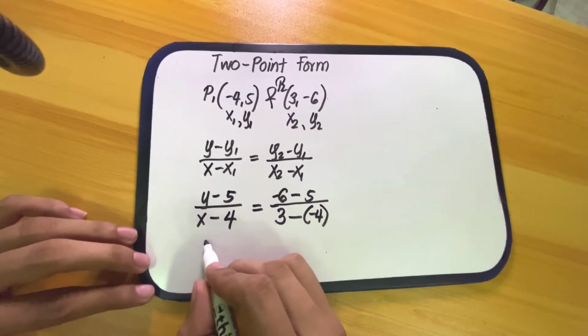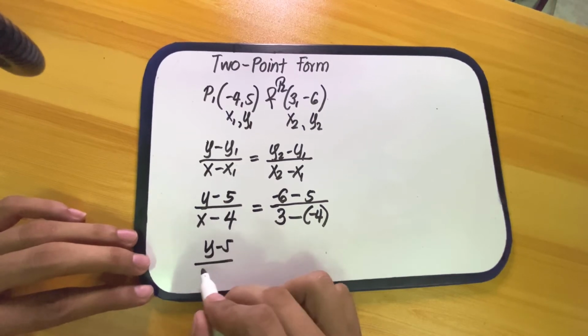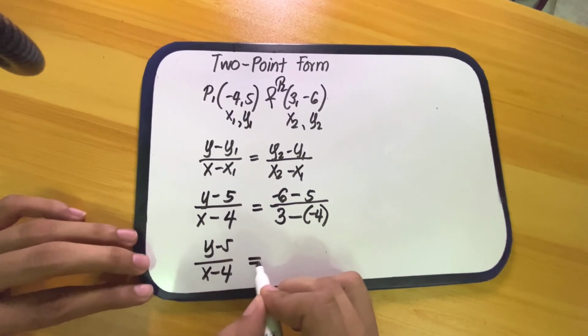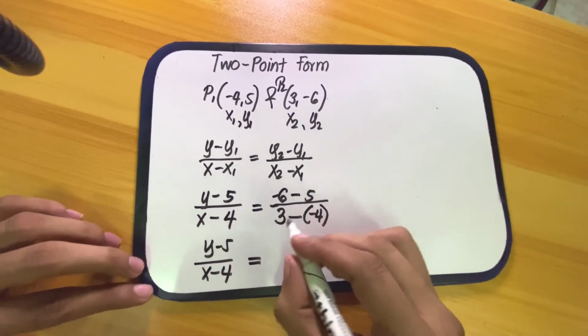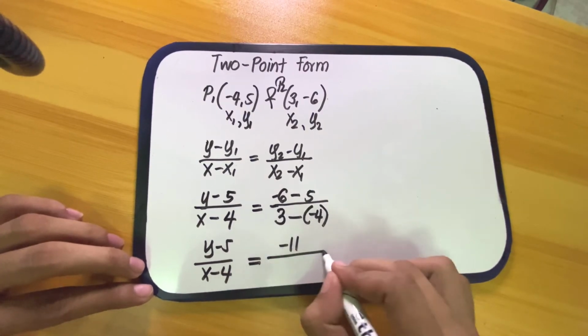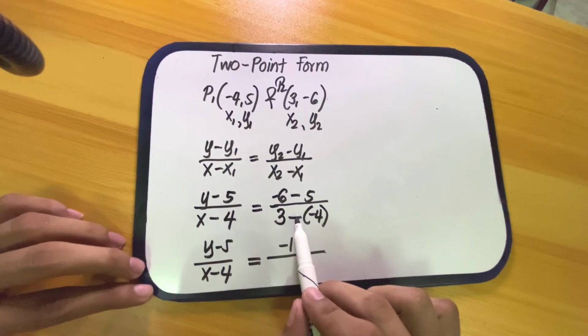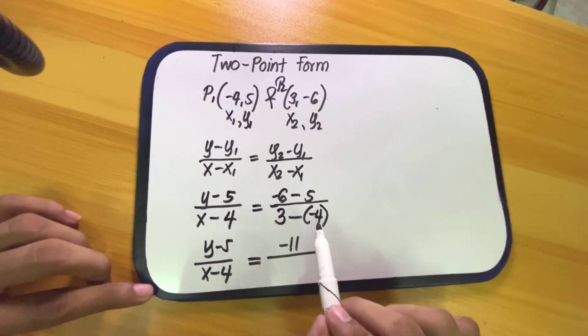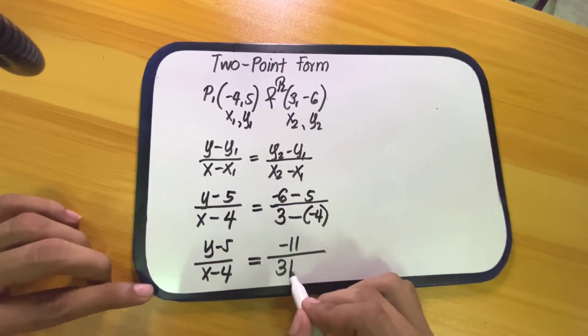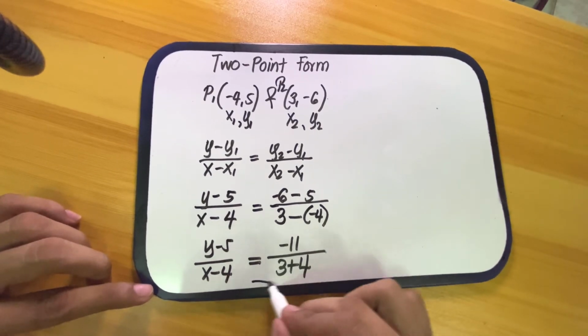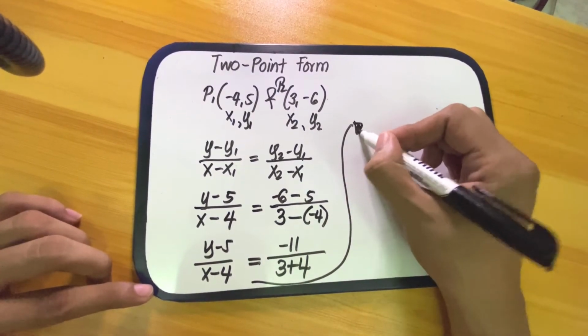Okay, so copy here, y minus 5, x minus 4 equals negative 6 minus 5 is negative 11. Then 3 minus negative 4, so negative and negative is plus. Okay, so it will become 3 plus 4. So continue here.